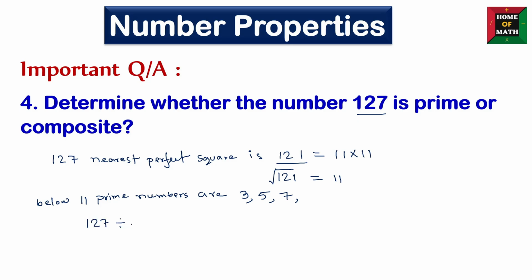First we divide 127 by 11. It's not divisible by 11.